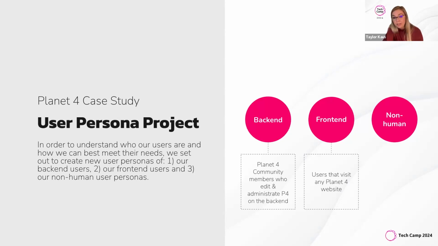So why did we decide to do this project? For us, it was time to update. We had some data that related to our audience, but it was old, largely spanning from 2016 to 2019. Archetypes were created, but they were really no longer used. It was also an opportunity for us to bring in a new design approach.